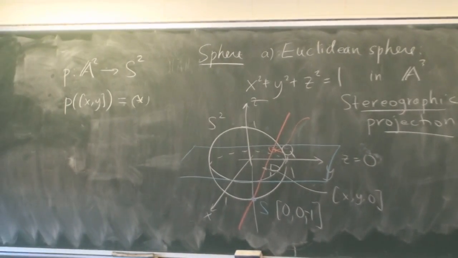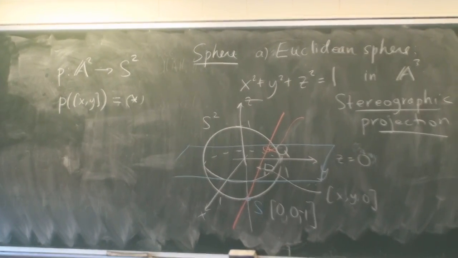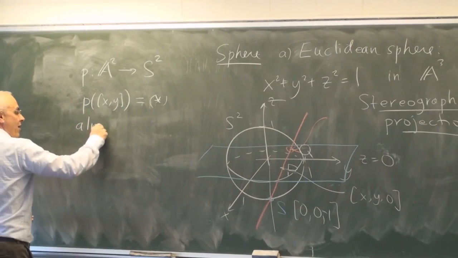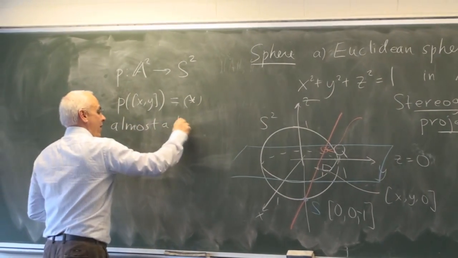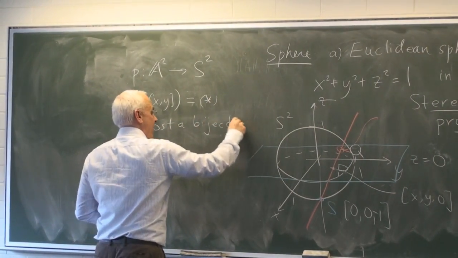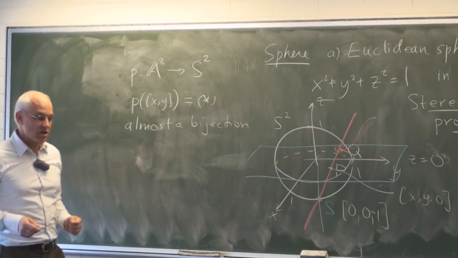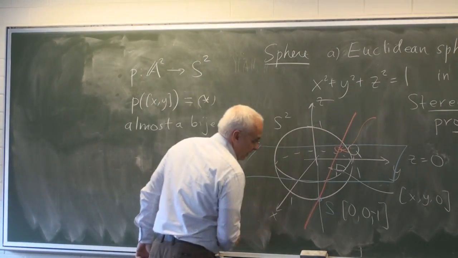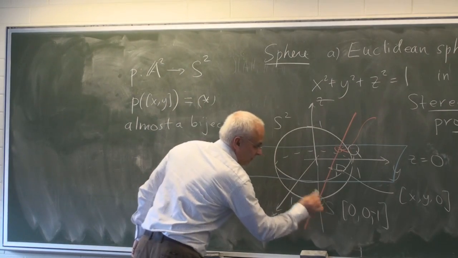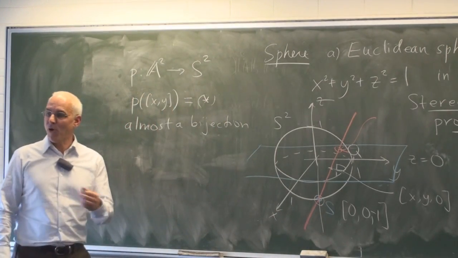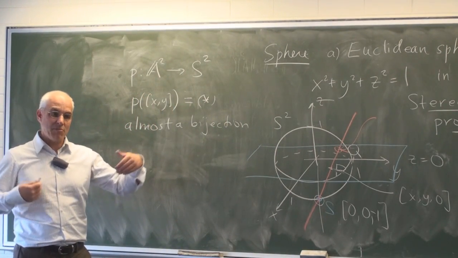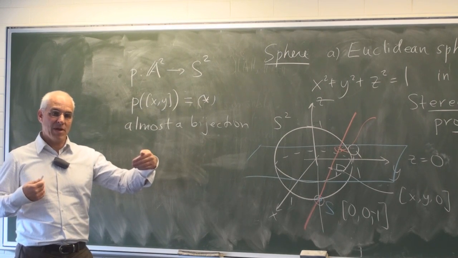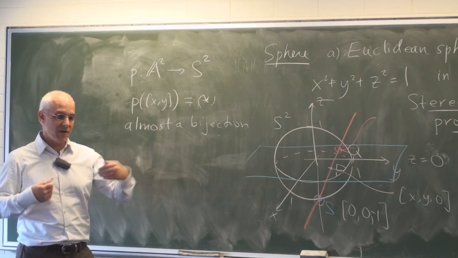And it's almost a bijection. It's not quite a bijection because the point at the South Pole doesn't get mapped to any point on the plane, or is not the image of any point on the plane.